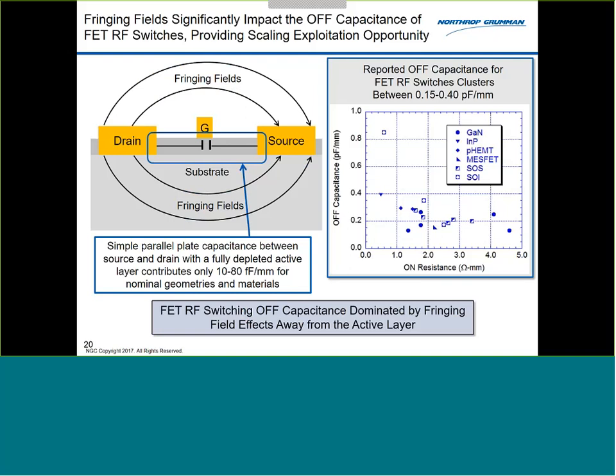The reason it's different, I would argue, is the fringing fields, because a parallel plate capacitor is a relatively poor assumption for the size scale we're talking about here. Many of the electric fields that are important to how an RF switch operates pass above the device between my drain and source metallization, and beneath the device through my substrate.